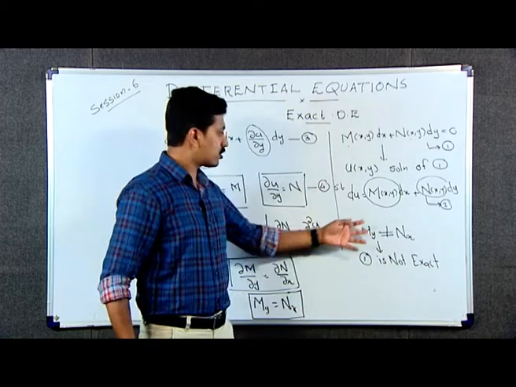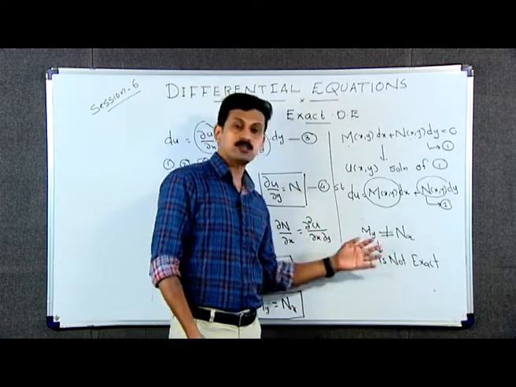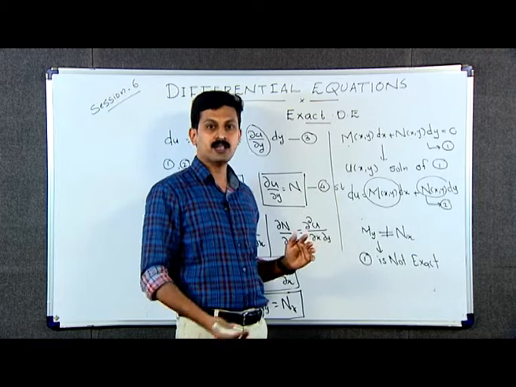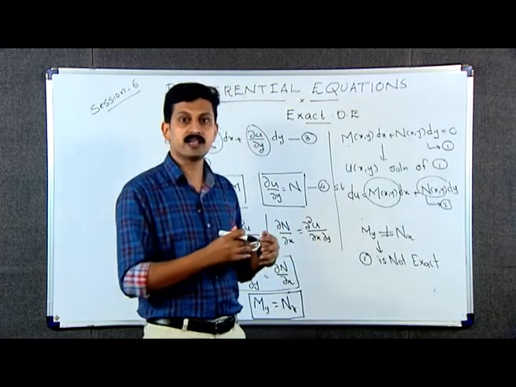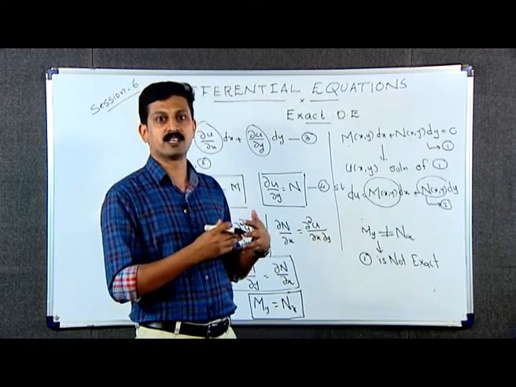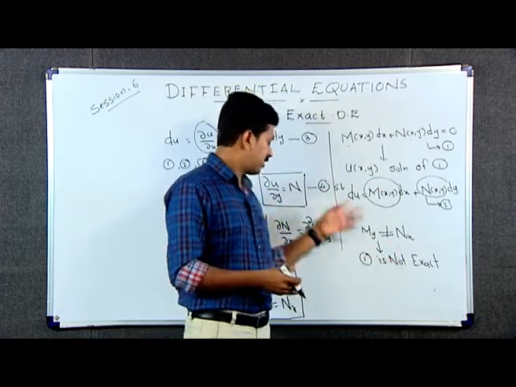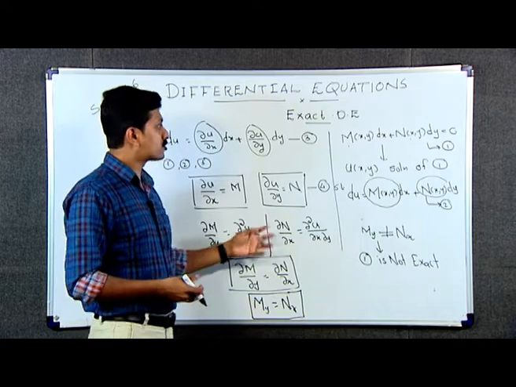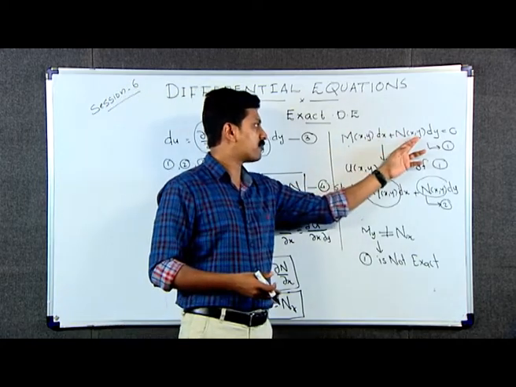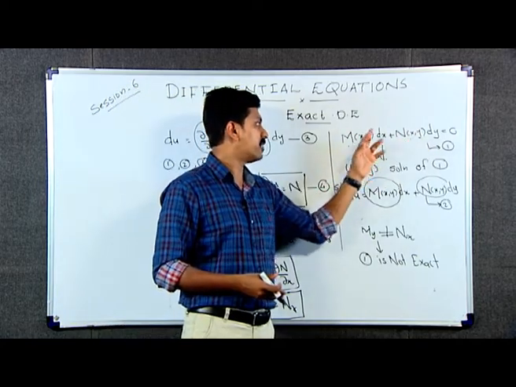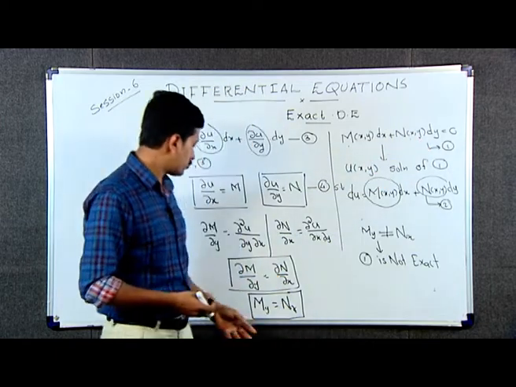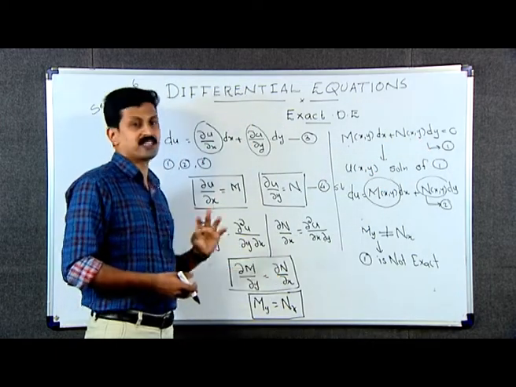If it is not exact, we are unable to solve that differential equation normally. First of all, we have to make an exact form of the differential equation, then we can solve. That we will discuss later. Here, first our aim is to solve the differential equation of the form M dx plus N dy equal to 0 if it is exact.